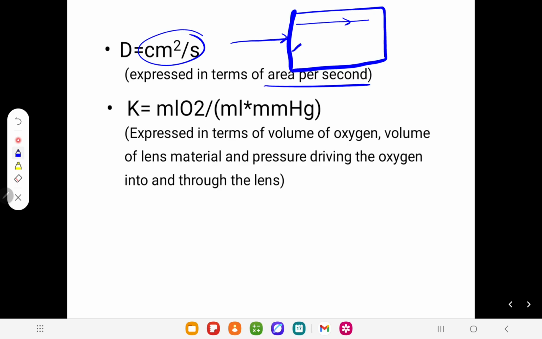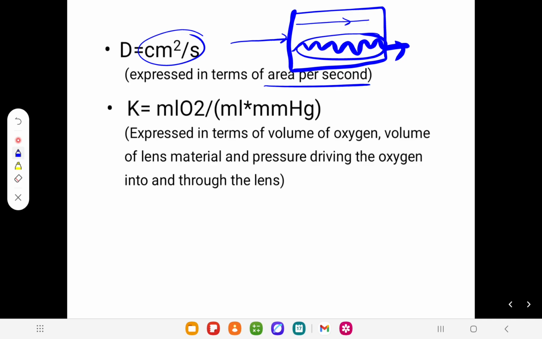It has to pass zigzag through the spaces, and then it moves away. It's not passing through a straight line, and that zigzag is covering an area. That's why D is in centimeter squared per second. Just remember that. We define D as the speed of the oxygen molecule passing through that particular material.